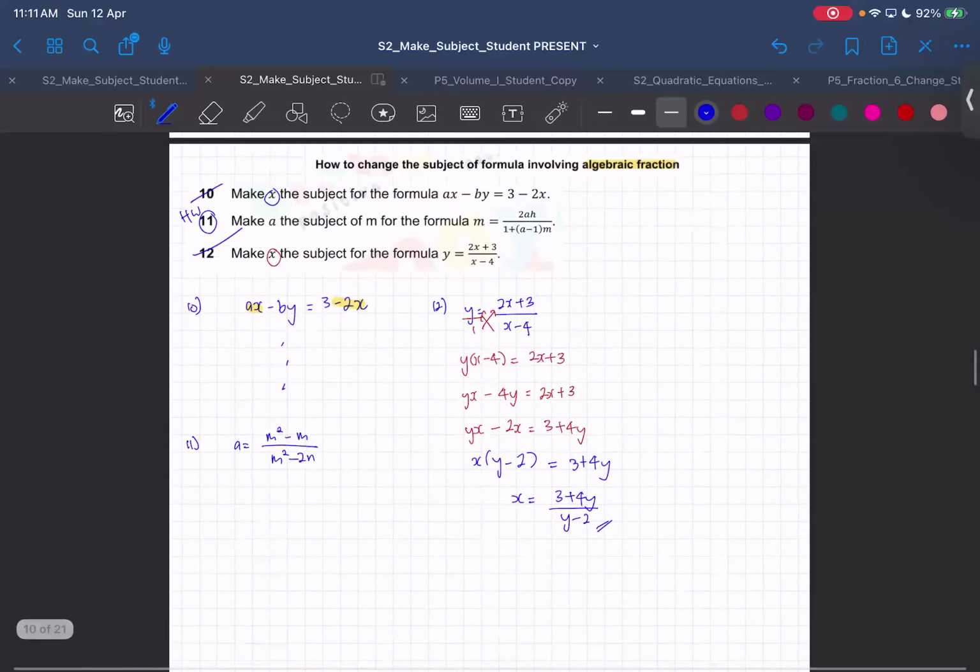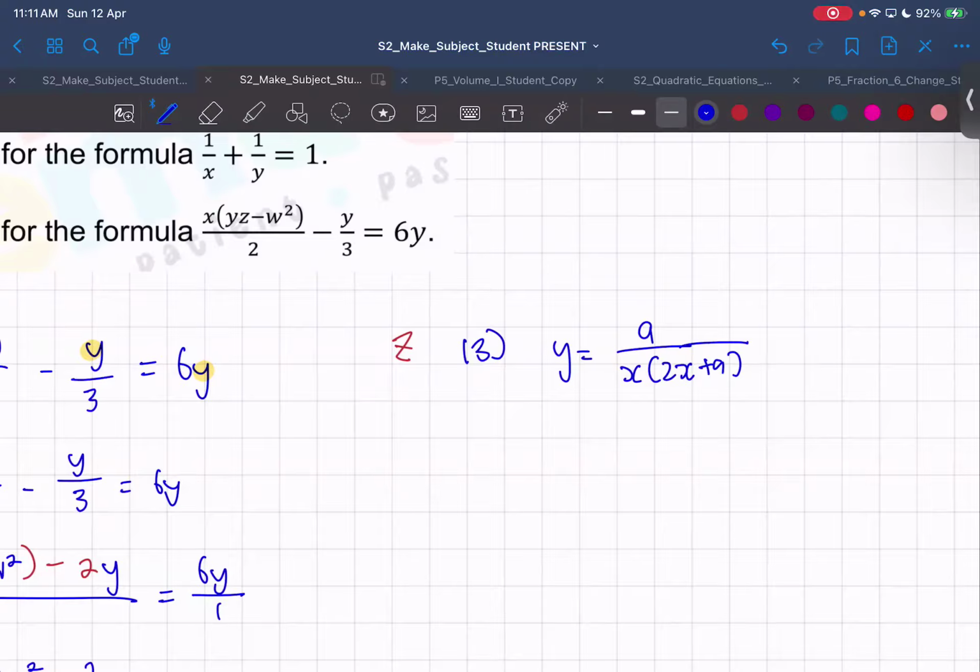Then question 13. Did you get y equals a over x, then bracket 2x plus a? Question 13. Ring a bell? Oh, never do, right. Okay, you can go home and do it, then check your final answer.